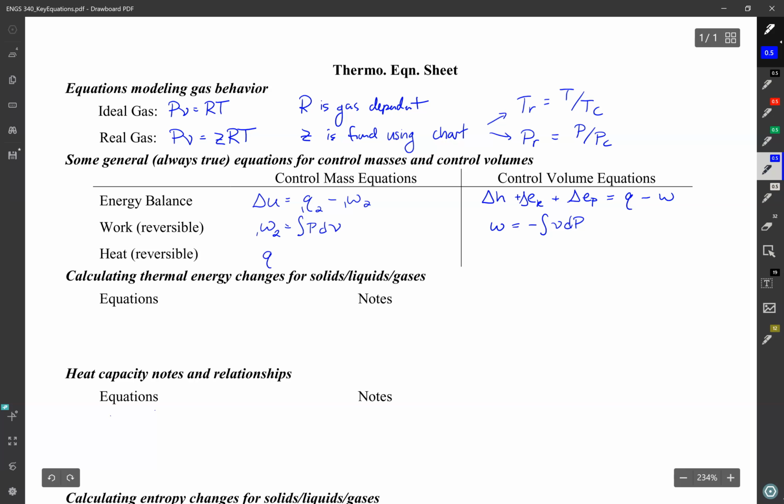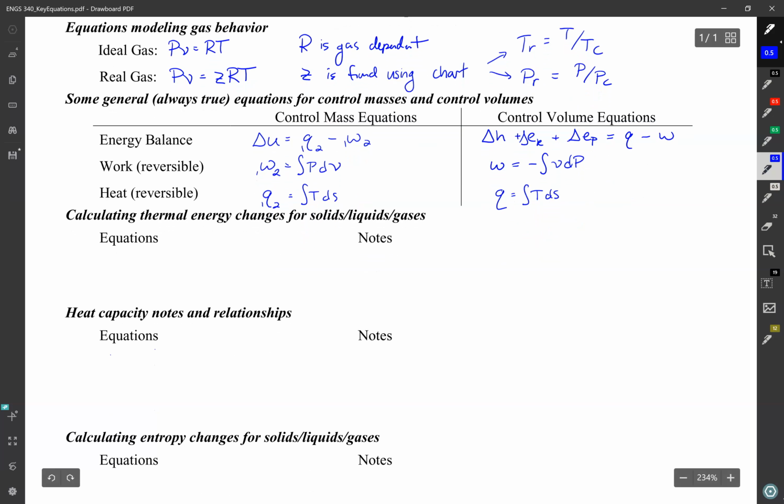Heat is the same. Q12 equals the integral of T ds, and Q equals the integral of T ds. Those are the equations governing heat, work, and our general energy balances.